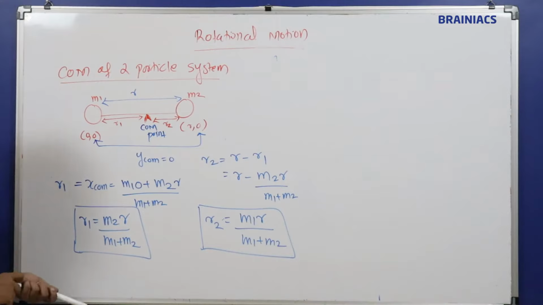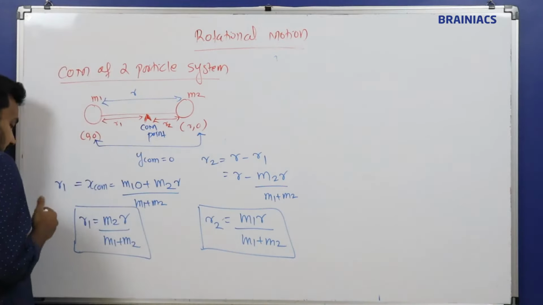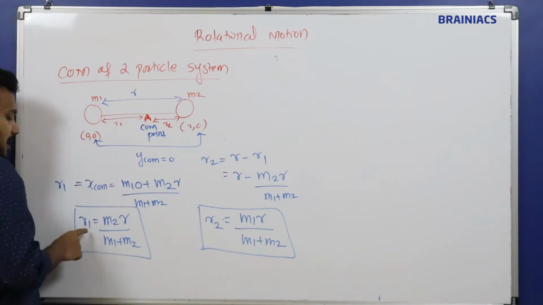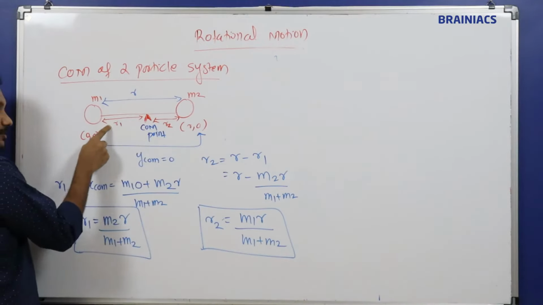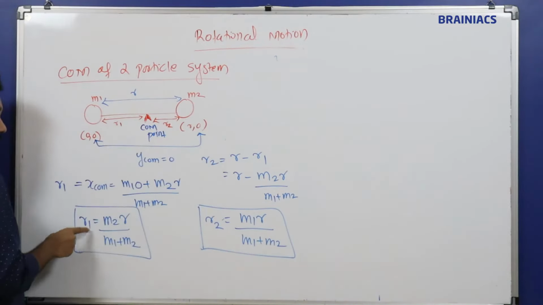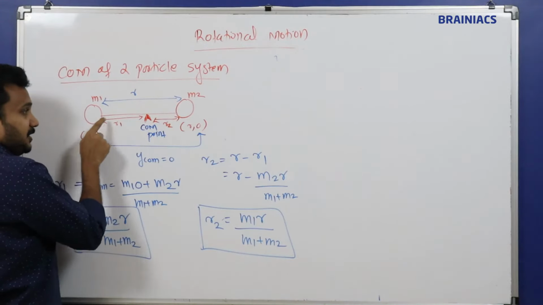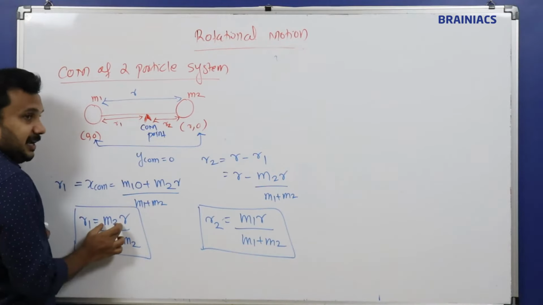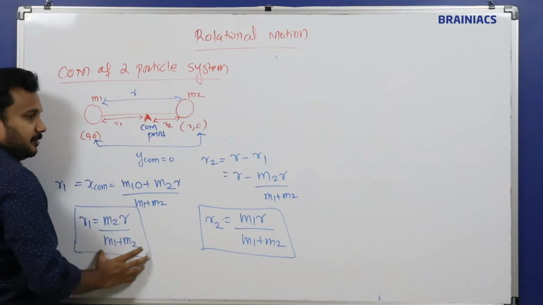Now the trick is going to start over here. Listen very carefully to the board. R1 is the distance of the center of mass from the first body. R1 is equal to the second body into the distance between the two bodies divided by the total mass.